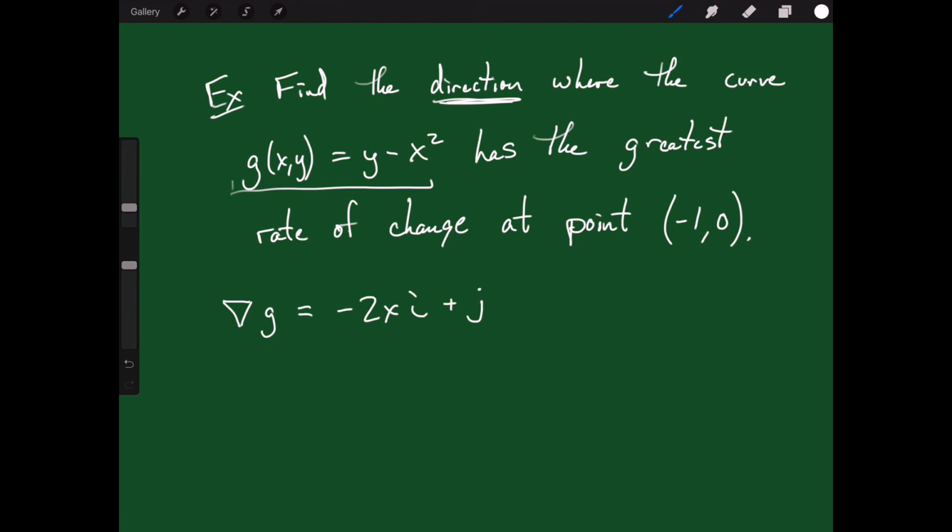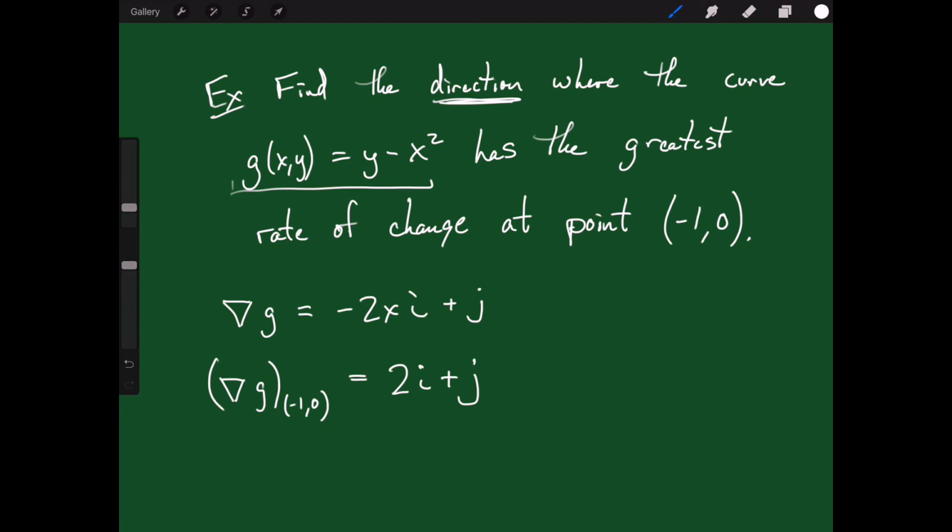So this is my partial. Now I want to evaluate that gradient at the point -1, 0. If I plug in -1, 0, I would get 2i plus j. Now the question is, that is the right way, but is it a direction vector? In other words, is that a unit vector?